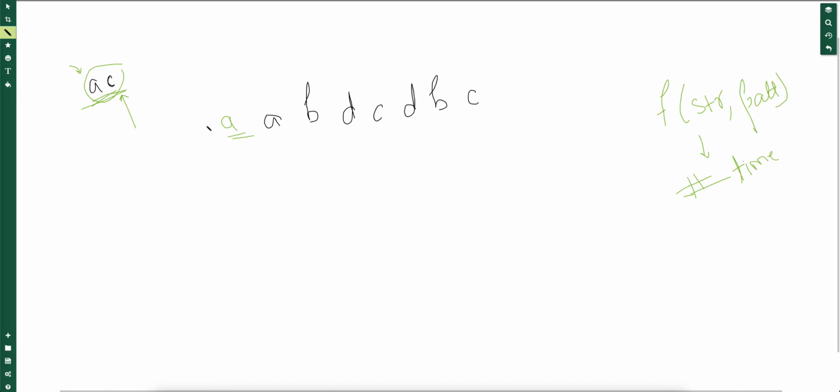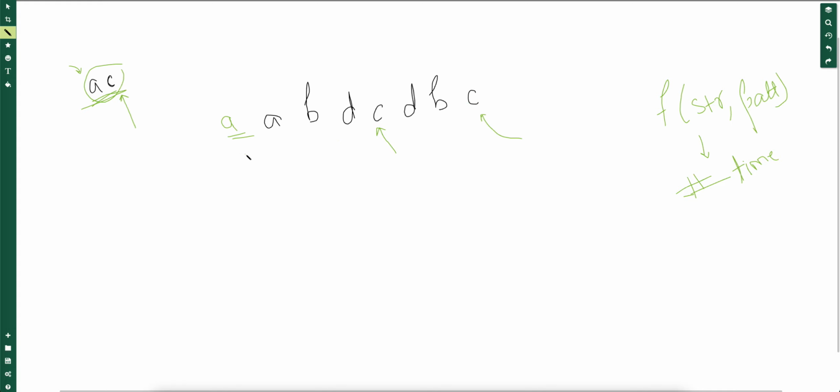So whatever pattern we get, it will either end here or it will end here, right? So if we count the number of times the pattern will end here, and then we count the number of times the pattern will end here, and sum the two, we will get the answer, right?